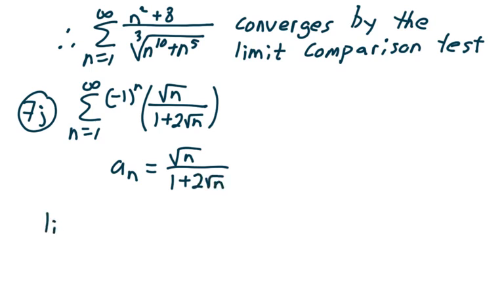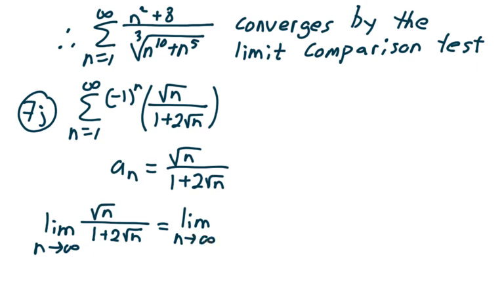If I look at the limit as n goes to infinity of square root of n over 1 plus 2 square root of n, this is the limit as n goes to infinity of square root of n over, if I factor out the square root of n, I get 1 over square root of n plus 2.